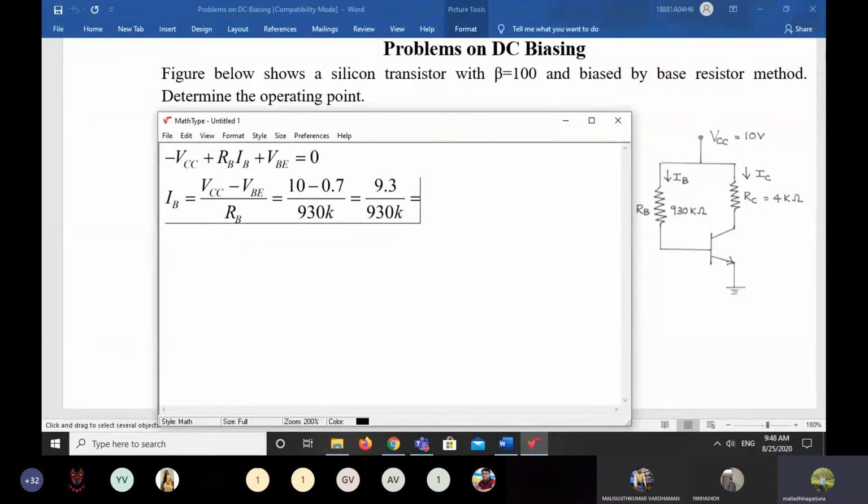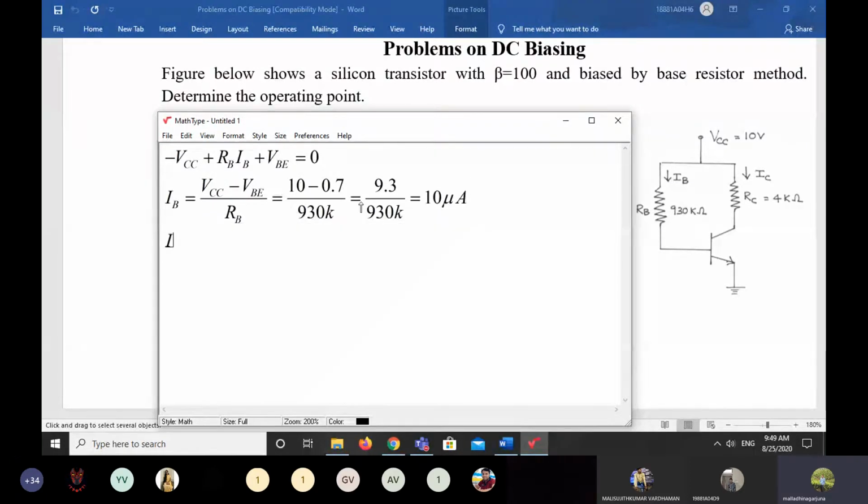What will be the answer? We get 10 microamperes. The answer is 10 microamperes. So this is IB.